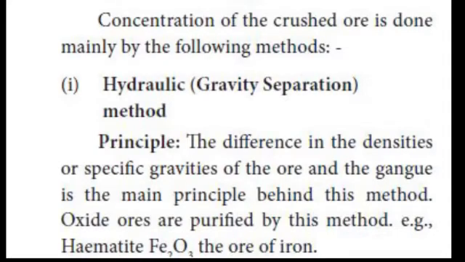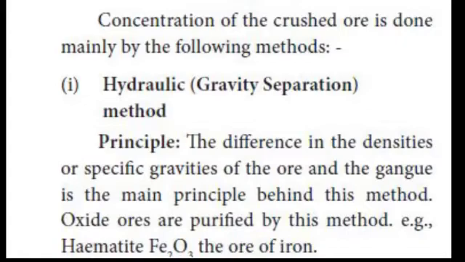The first method, hydraulic separation or gravity separation method. What is the principle of gravity separation? The difference in the densities or specific gravities of the ore and the gangue is the main principle, that is the basic aim behind this method.